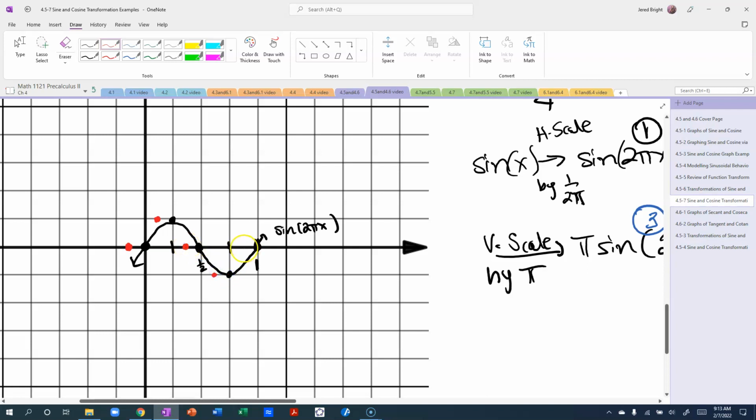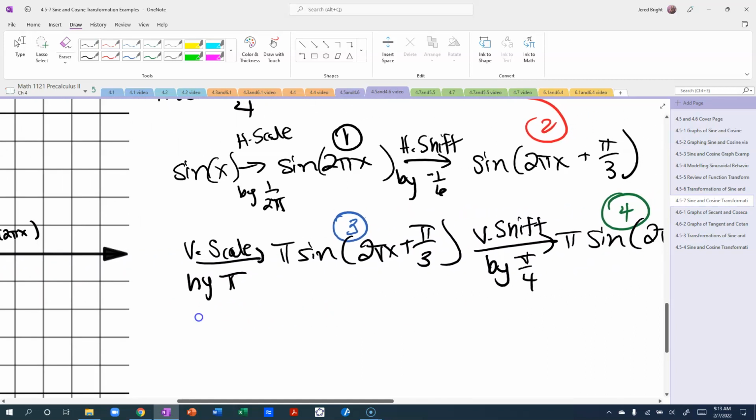Okay, this is a sketch. If I wanted to be precise, I would use a graphing utility. Okay, so this would be sine of 2 pi x plus pi over 3. And I went to the left because it was a negative horizontal shift.